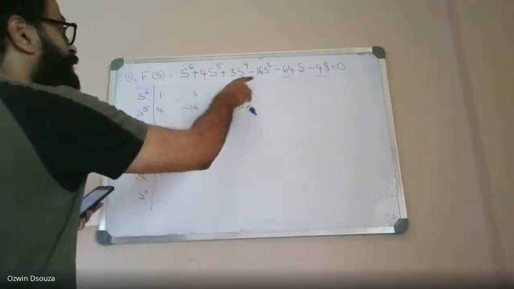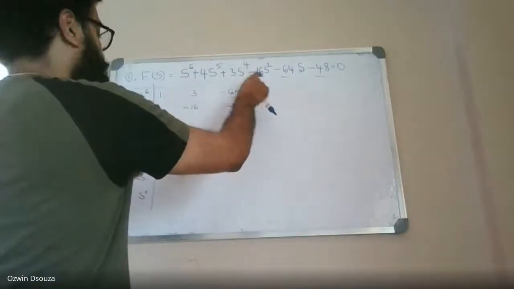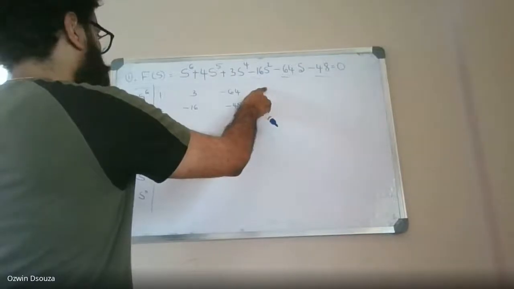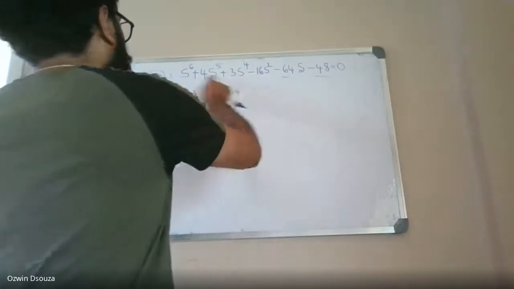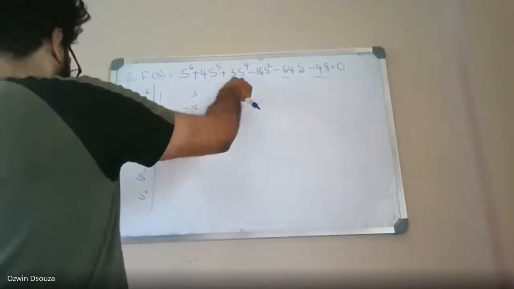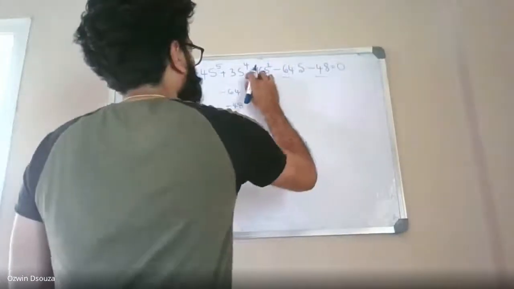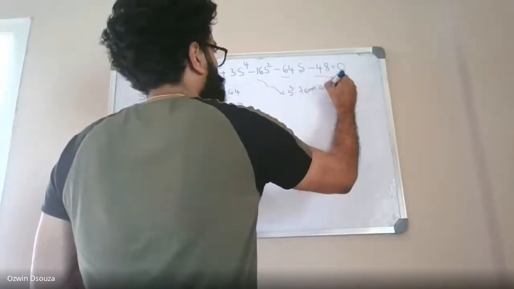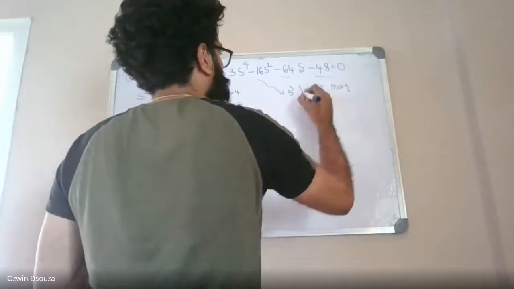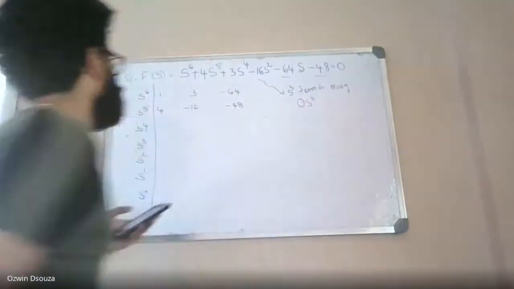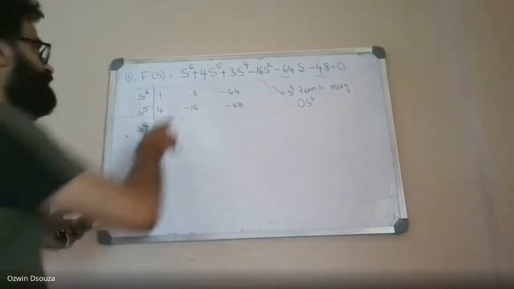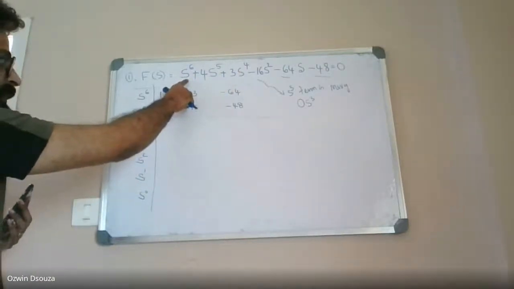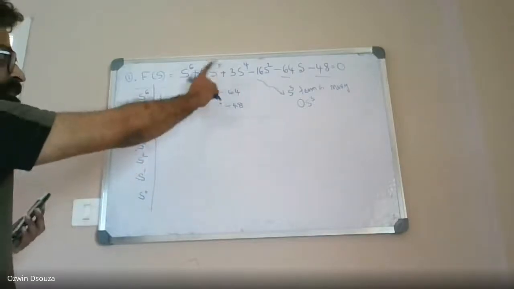I think one I have missed. The s cube term I have missed here. 6, 5, 4. There is no 3 term here. The s cube term is missing, so you have to take it as 0 into s cube term. All right, so that was the mistake. If you can see, it starts with the even power, right? So I am supposed to write down the coefficients of even powers of s.